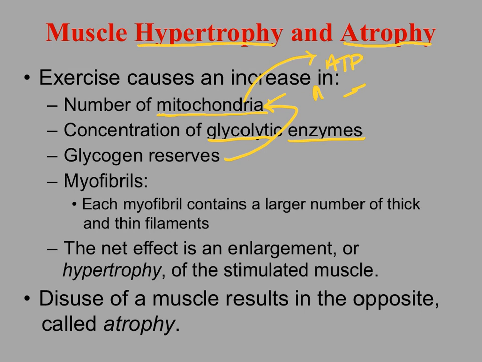And let me just write out the process for you again. This is just in general, right? Remember we were talking about skeletal muscles and how they generate heat, because heat is a byproduct of producing ATP.